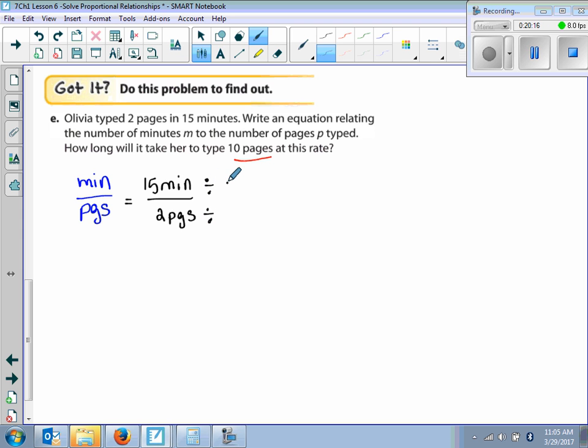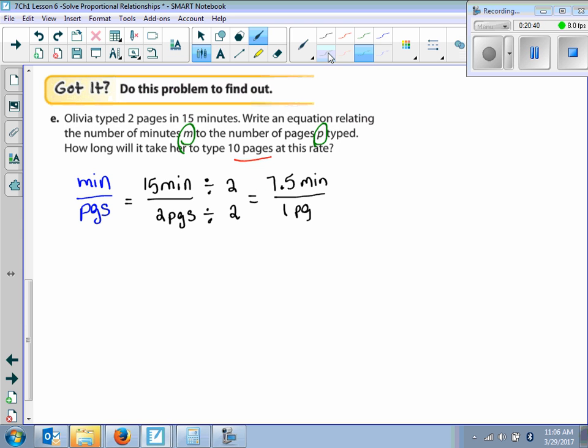So, we'll divide by 2 in the numerator and in the denominator. And that's going to give us what? 7.5 over 1. Very good. So, 7.5 minutes for 1 page.